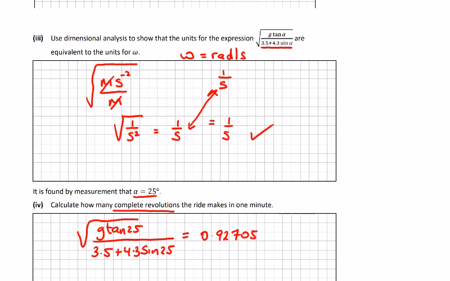So that's radians per second. That's my angular velocity, so we need to divide 2 pi by omega to get how long it will take to do a revolution. So that will be 2 pi divided by 0.92705, which gives one revolution in 6.7776 seconds.